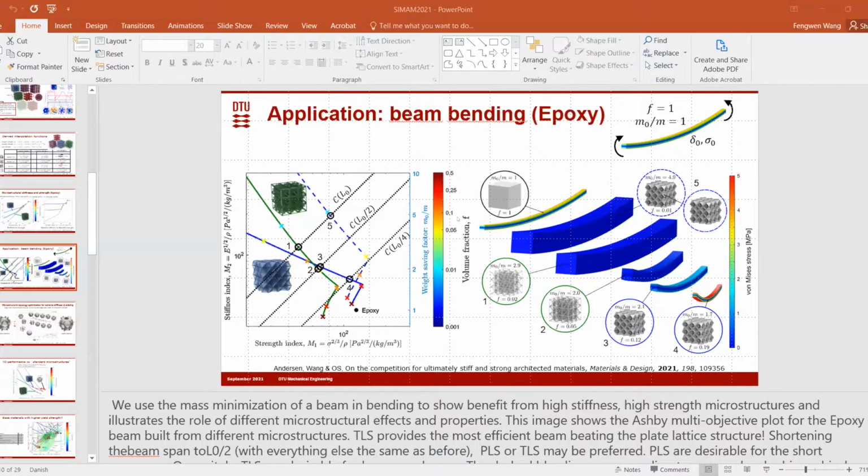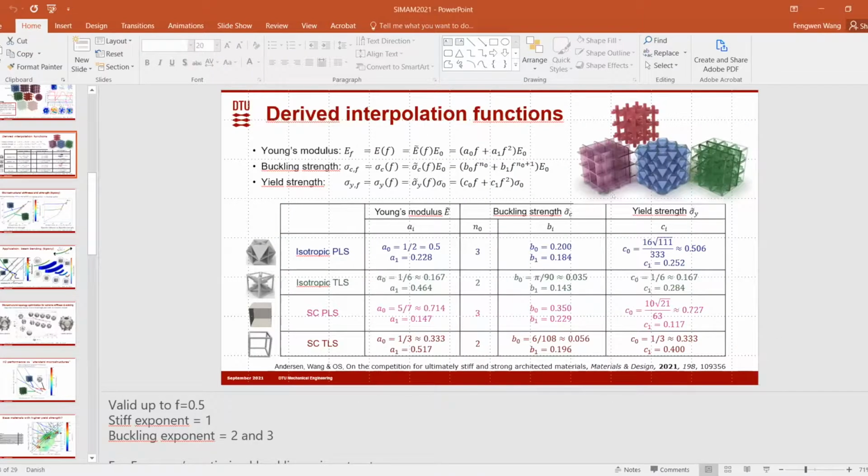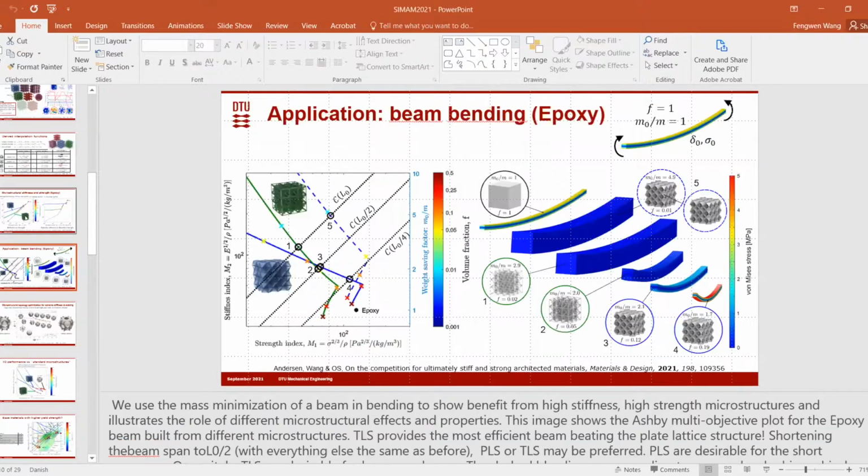You see, we first have this volume fraction interpolation for material properties, as shown by this plane. Then we have this at hand, and then we have the beam mass minimization problem. Thus, you can derive what is optimal, and then you can have the plot.